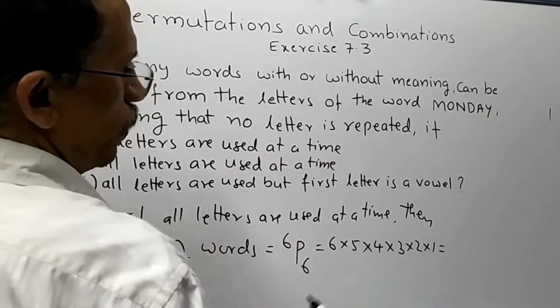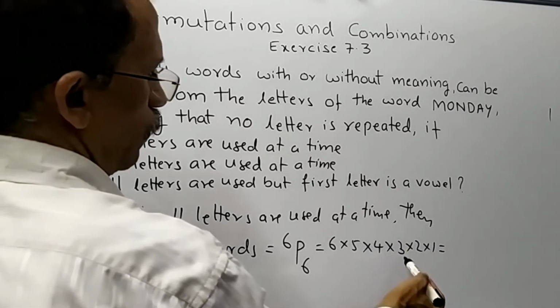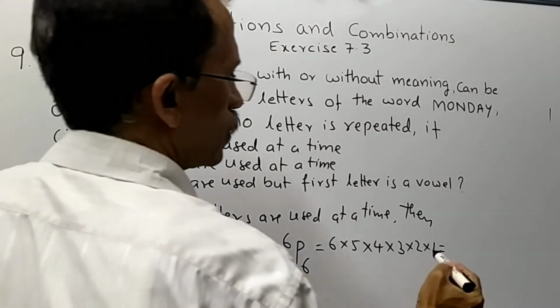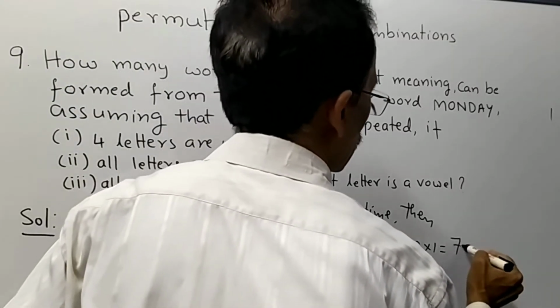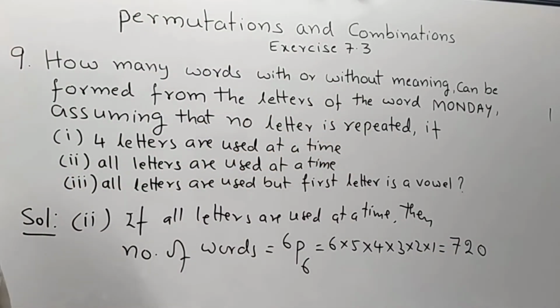So we can make the group of numbers to find the product. 24 into 30, that is 720.